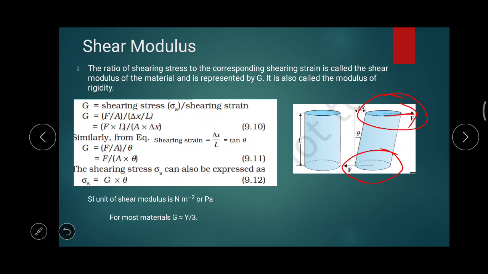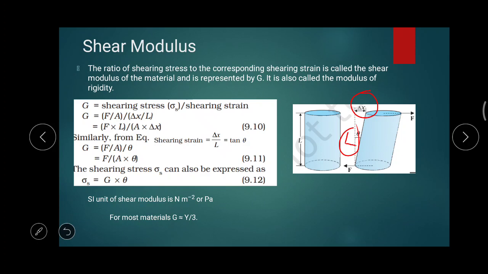The displacement from the original position to the current position is delta x, and the height is L. Then the shearing strain is delta x divided by L. So the shear modulus is F by A divided by delta x by L, that is F L divided by A delta x.